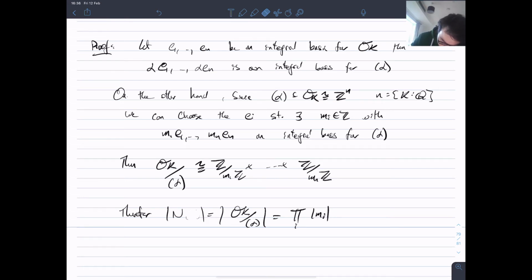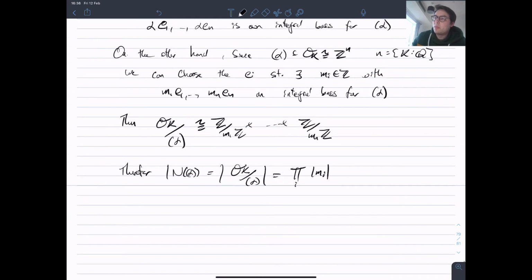So I should be careful and make sure I write enough brackets. So this is the norm of the ideal generated by alpha. If I take norms here, that's the norm here. So the size of this group is the size of this group times the size of the next one, and so on, and each of these groups has size m_i.